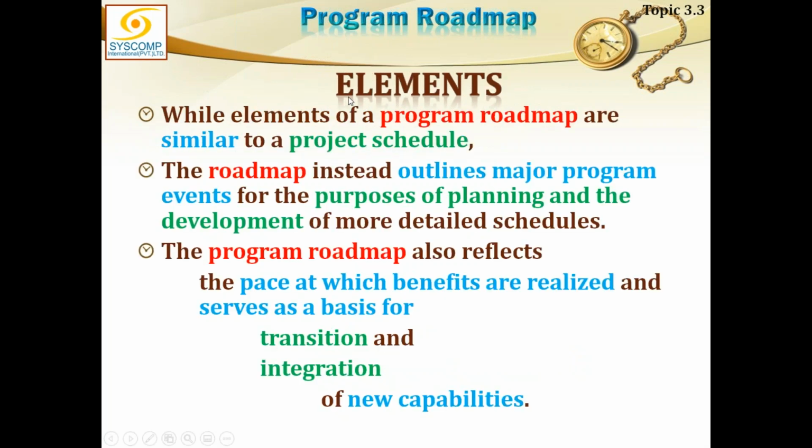While elements of the program roadmap are similar to a project schedule, the very look-alike, the roadmap instead outlines major program events for the purpose of planning and the development of more detailed schedules.